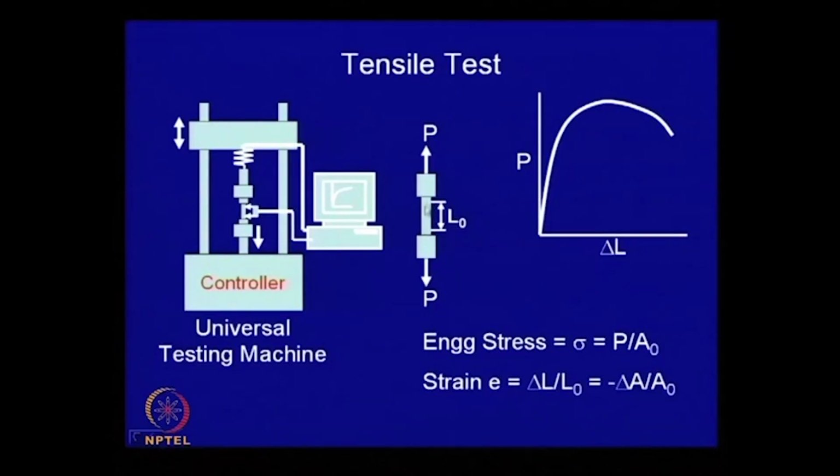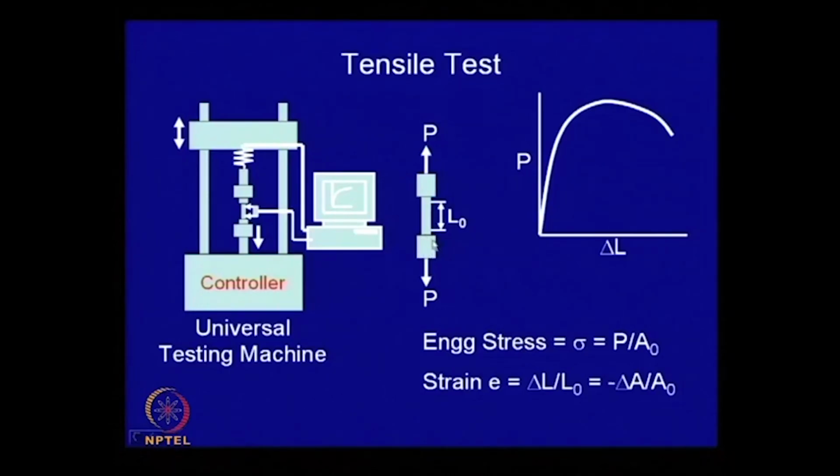If it is round, it has uniform diameter, and on this uniform diameter we usually mark gauge length using a marker, and distance between the two markers we say is the initial length L0, and there is a head portion in the specimen.